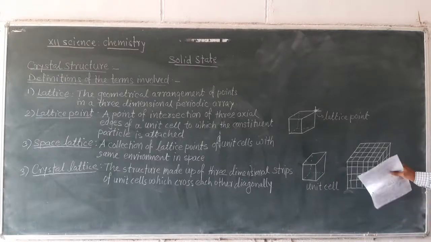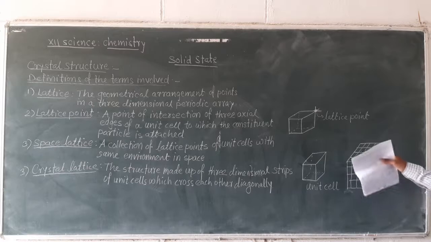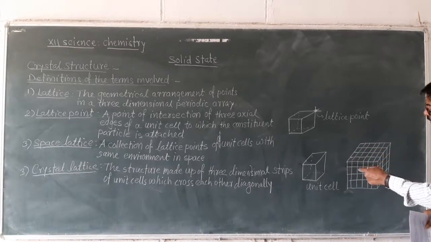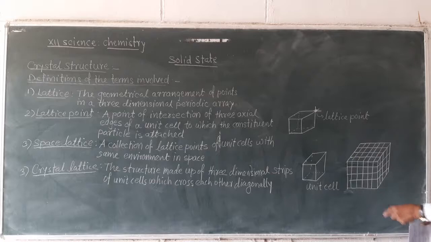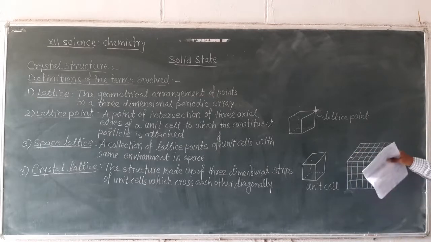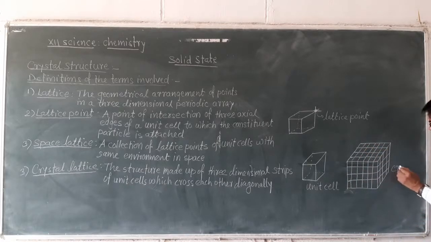In this way, when a number of unit cells are arranged in the vicinity of one another, strips are formed in one dimension, two dimensions, and when these strips are arranged one over another, a three-dimensional structure is formed. It is called crystal lattice.